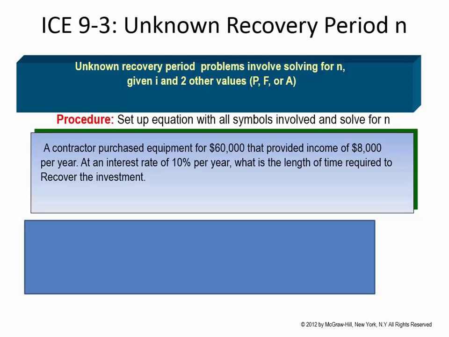We know the interest rate is 10%, so how many years until this contractor has recouped the investment? It's not as easy as just adding up all the positive cash flows, because we know the future money is worth less in today's dollars than the 60,000 that was spent in year 0. So I step you through the process in A and B. And I have provided the 10% table at the bottom of the page. So go ahead and give that one a try.